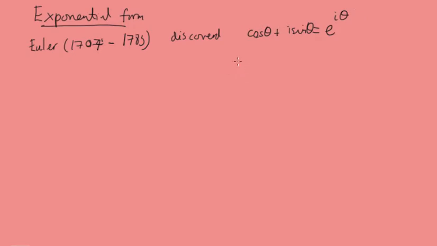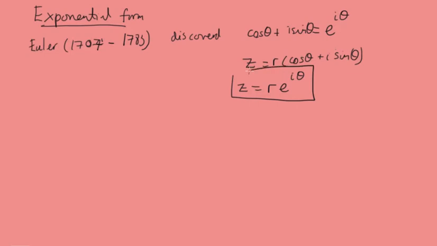So this enables us to write z, if z is r cos theta plus i sine theta, we can rewrite z as just being r e to the i theta. And this here is the exponential form.